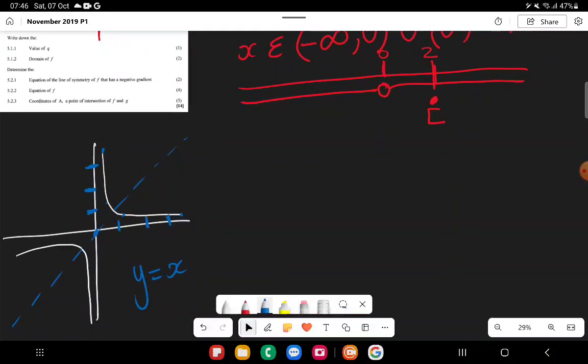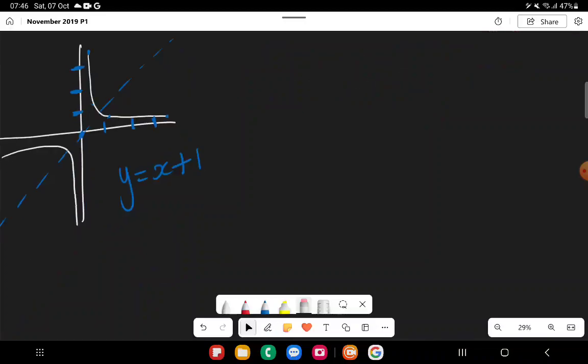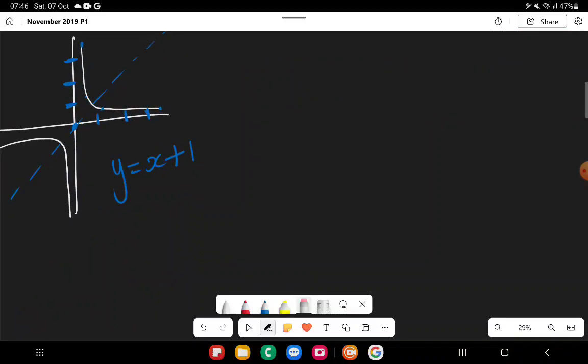So that means that we are simply going to add 1 over there. That is your line of symmetry, but now they are complicating it and they're asking for a negative gradient.